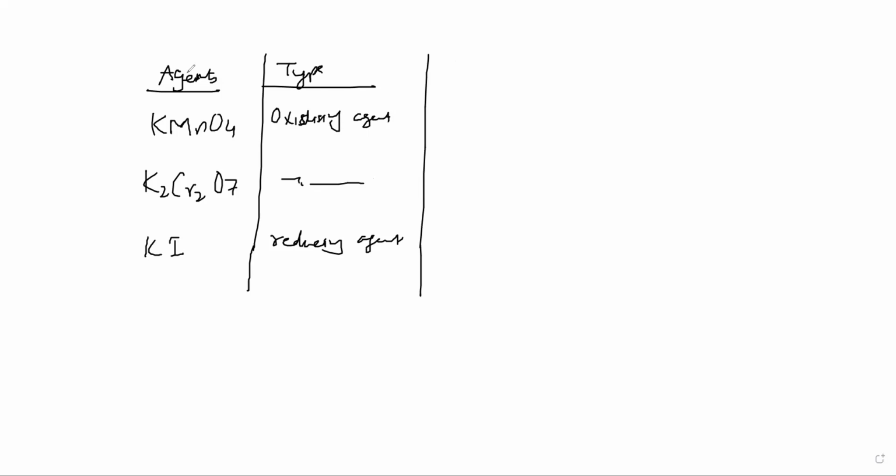These 3 compounds you should know, and you should know which are oxidizing agents and which are reducing agents. One simple way is that those that have oxygen in them are oxidizing agents. KI does not have oxygen, so that's a reducing agent. You should know their colors also: KMnO4 is purple, K2Cr2O7 is orange, and KI is colorless.